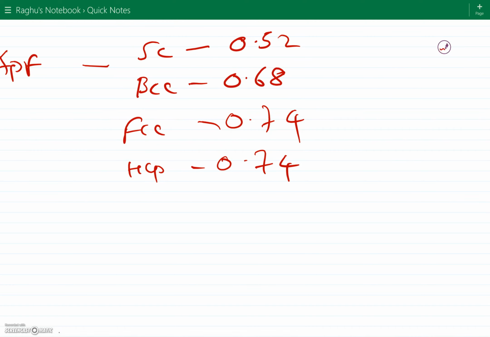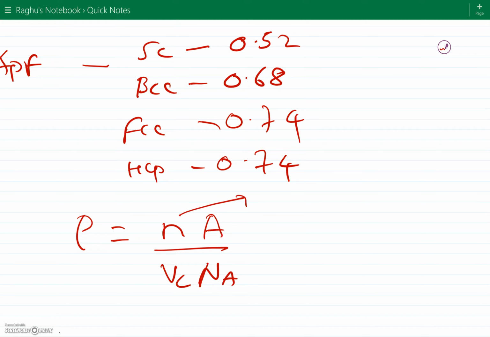Then we can also calculate the density of any given element by using this formula, n A divided by V c N A. So this is going to be the number of atoms. And this is going to be the atomic weight.